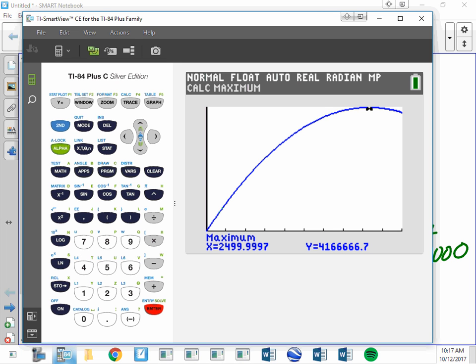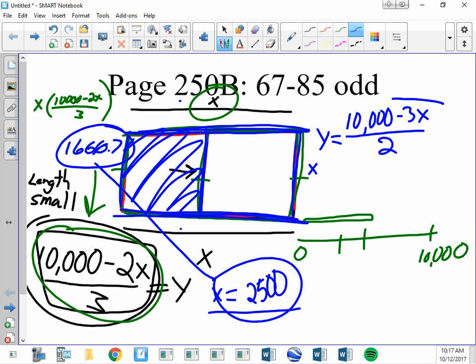Now, you don't need to do this, but I'm going to type in my other equation. So this equation right here will tell me the length of the short side, or no, sorry, the length of the long side. So if this is x, then I have 3 x's.